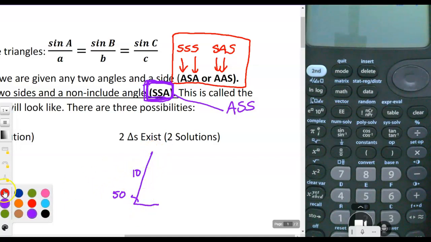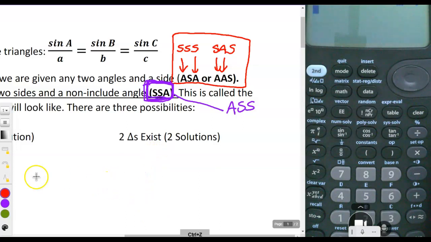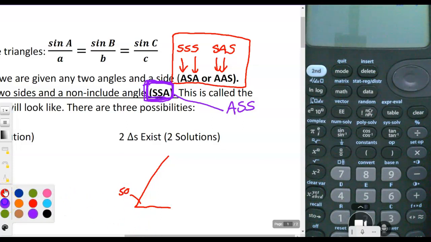And the question is, what is the length? Actually, I gotta draw a better triangle than that, more of an angle. There we go. Let's say that's 50, and that's 10.